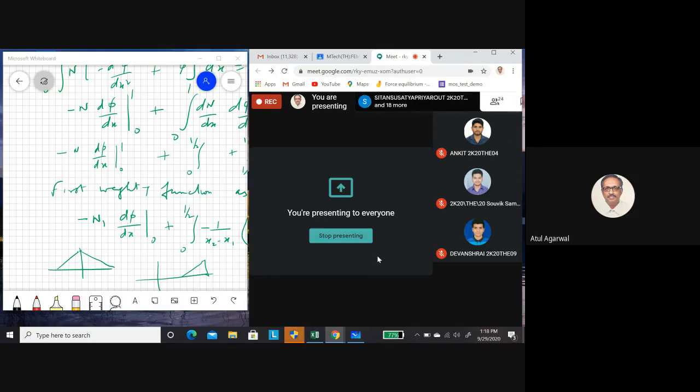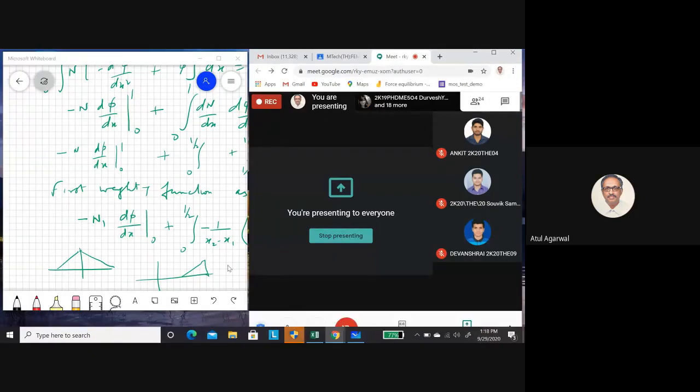You will find for the first weighting function, no contribution is coming from the second element. Similarly, for the third weighting function, no contribution of the integration is coming from the first element. While for the second shape function, contribution is coming from both the elements. So this is a general approach in finite element method.